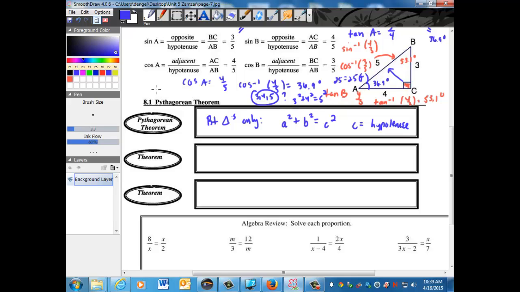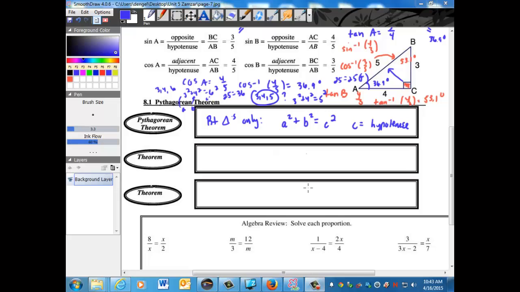Let's say that we were given 3, 4, and 6. Okay, 3, 4, 6 is not a right triangle. We would get 3 squared plus 4 squared equals 6 squared. That would be 25 is equal to 36, and these clearly aren't equal. But all right, so we know that the lengths of 3, 4, and 5 form a right triangle.